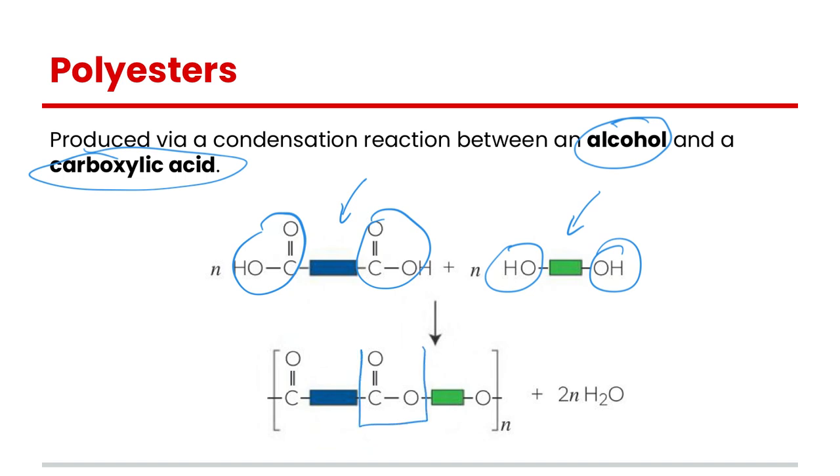And so this is why it's called polyesters. And we also generate molecules of water in the reaction itself, and that's why it's called a condensation polymer. So this is a generalized reaction, but there are lots of polyesters, both synthetic and natural, out there that do this particular kind of polymerization.